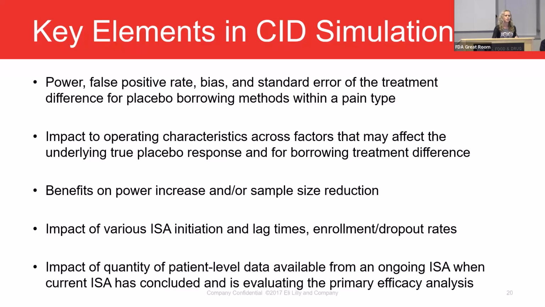And again, that could be due to some new drug that is approved. So what could happen to affect that true placebo response. Benefits of power increase or sample size reduction. We explored the various ISA initiation and lag times and enrollment dropout rates, as well as the quantity of data that would be available.